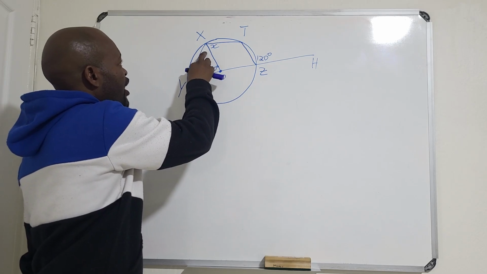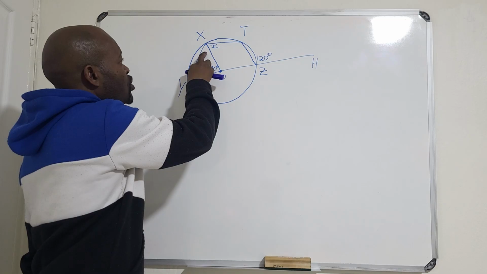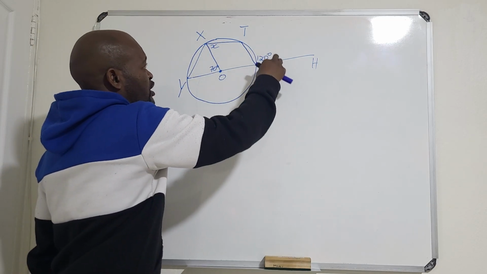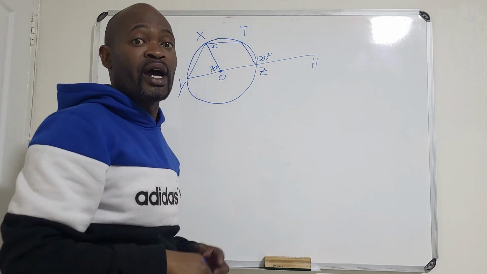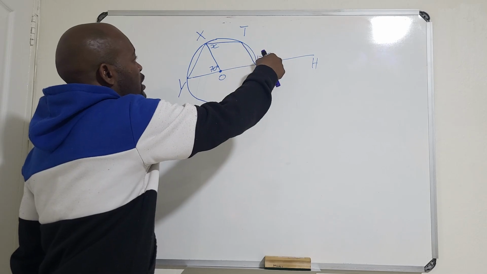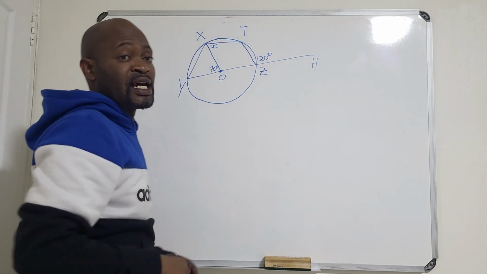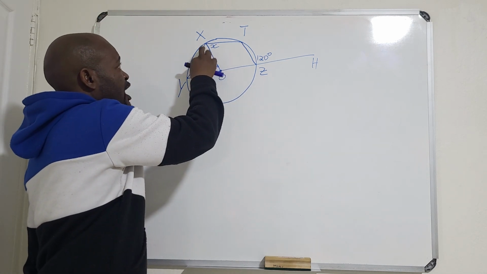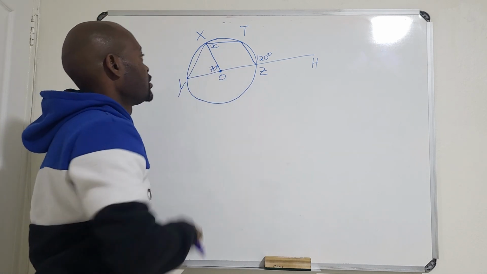Finding this angle there will help us, because we know that this angle is equal to this angle, which is your exterior angle of a cyclic quad, and it is equal to the opposite interior angle. So it will be easy for us to find x if we can find this angle.